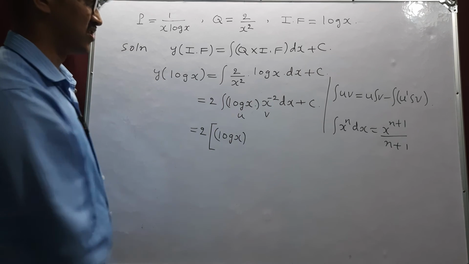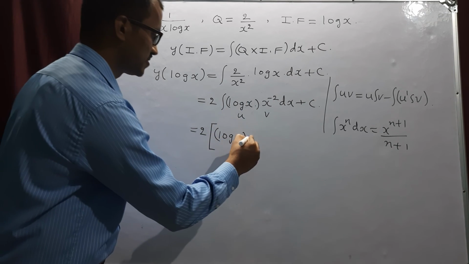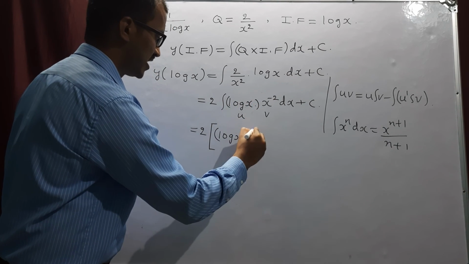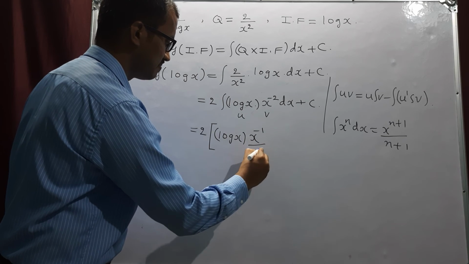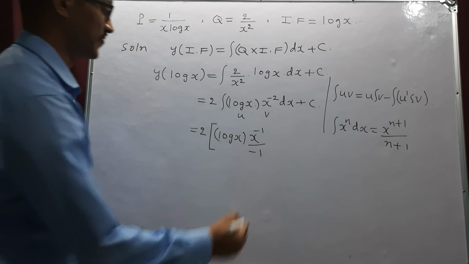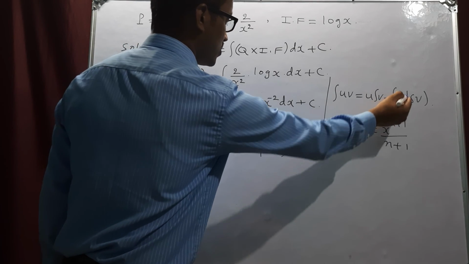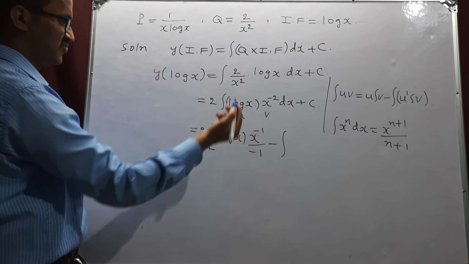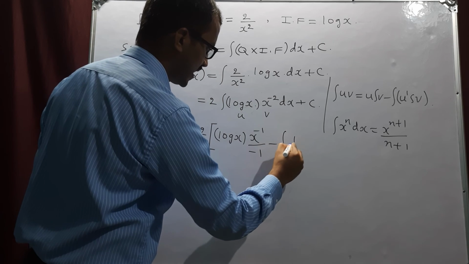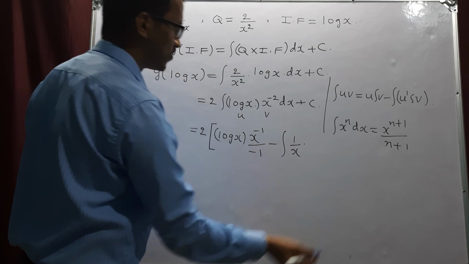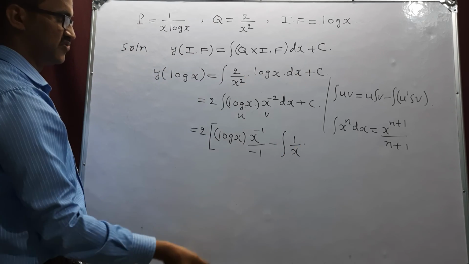So integration of x power minus 2 becomes x power minus 2 plus 1 by minus 2 plus 1, minus integration of u dash, so derivative of log x, which is 1 by x, into integration of v.